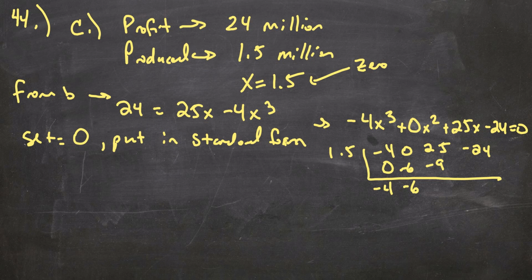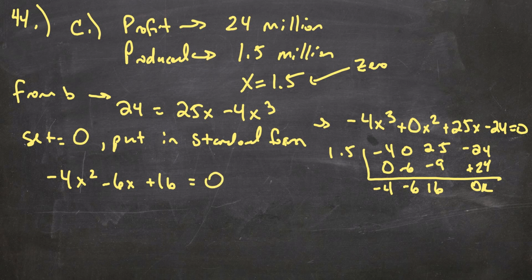I'm going to get 16 here. 16 times 1.5 is negative 24. So then I'm going to have positive 24. So that gives me no remainder. So now I know my answer is going to be negative 4x squared minus 6x plus 16.